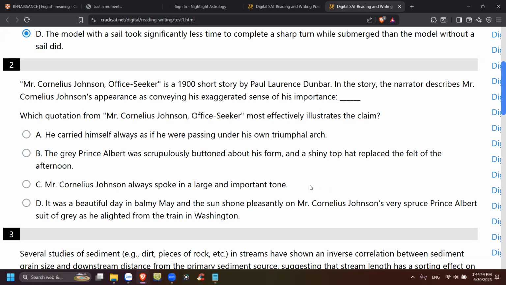I think it's A. He carried himself always as if he were passing under his own triumphal arch. It's like you're pressing your chest ahead and always looking up, not looking down. So you choose A, is it your last answer? Because he thinks he's important, right? An exaggerated sense of his importance. He thinks he's super important, but in fact he's not. Like overconfident. Good.